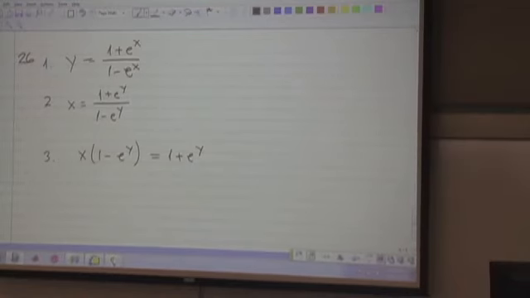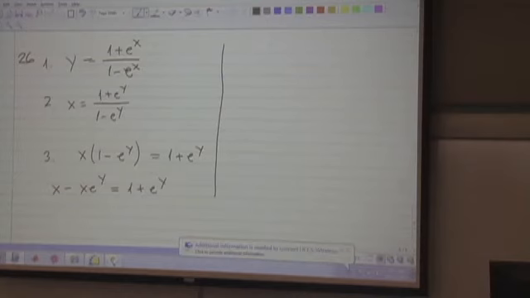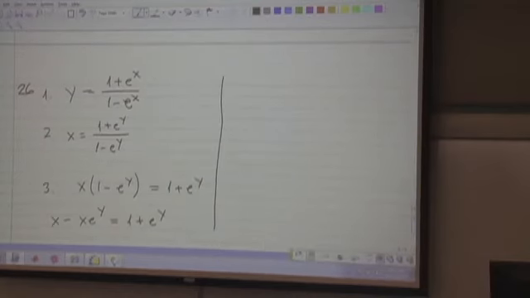Yes? So far so good? And now x minus x e to the y equals 1 plus e to the y. We'll come on this side over here. And then we have e to the y multiplied by 1 plus x is equal to 1 minus x.